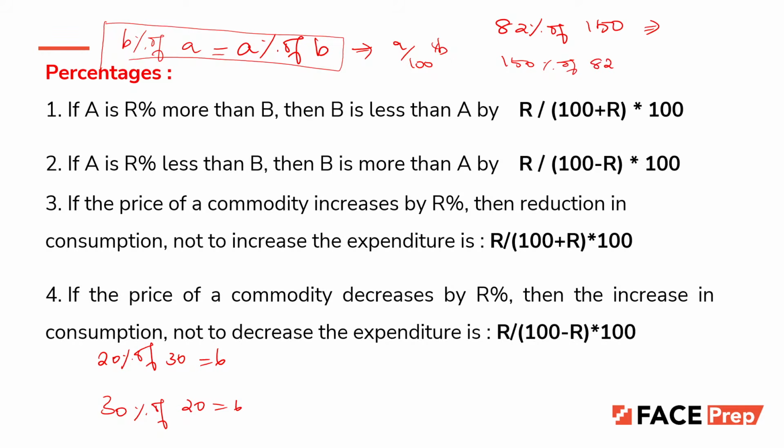So now you may split the numbers as well. If you are not comfortable solving it as 150 percentage of 82, writing 150 by 100 into 82, you may instead split the data as 100 percentage plus 50 percentage. 100 percentage of 82 gives 82, and 50 percentage of 82 gives 41. Adding 82 plus 41, I get 123.